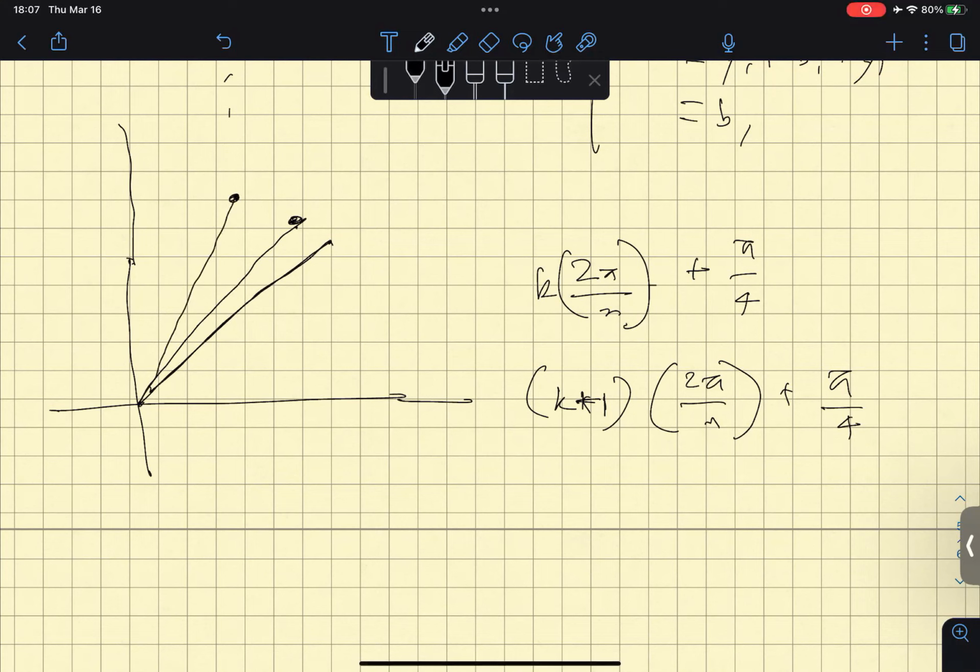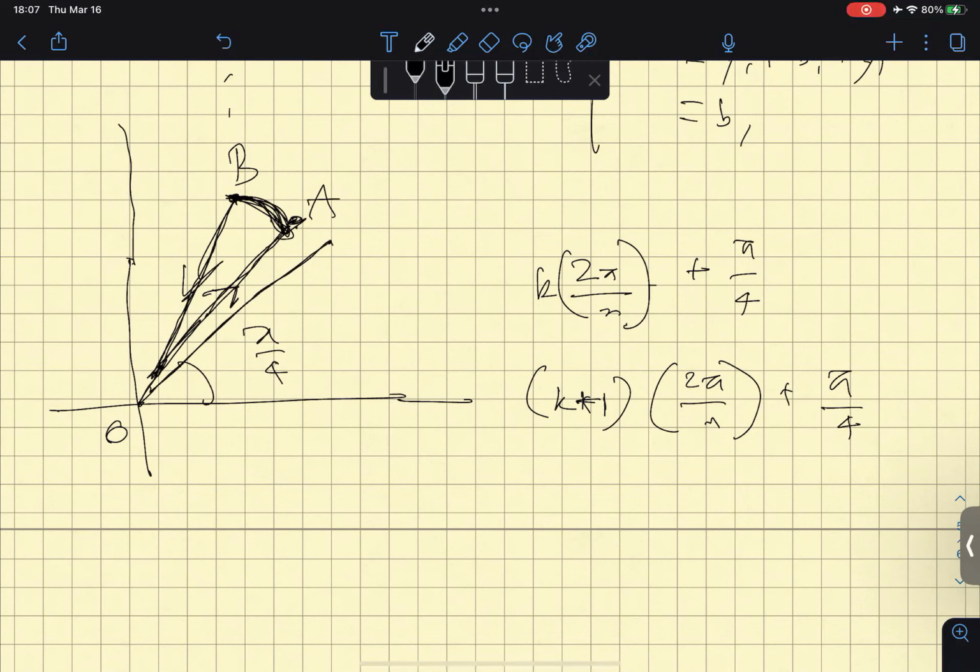You don't need to draw this line. This is pi over 4. So this is O, this is A, this is B. You go along this path up to A, which is a straight line. You come back along this path, which is also a straight line. This is a part of a circle.